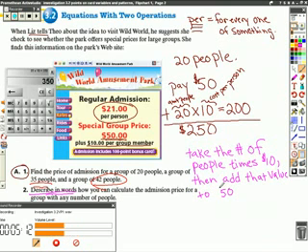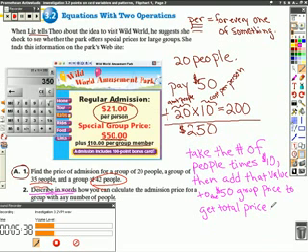to $50, which is my group membership fee, to the $50 group price to get the total price.